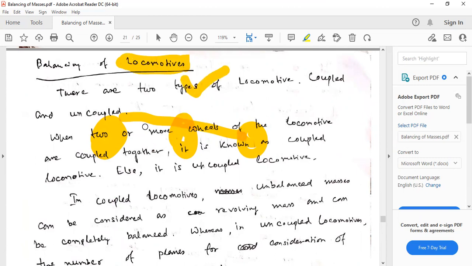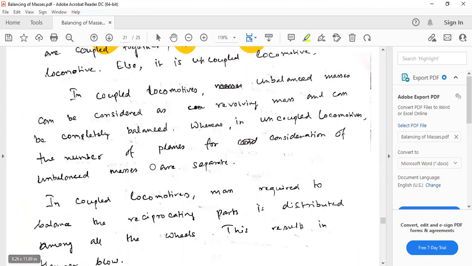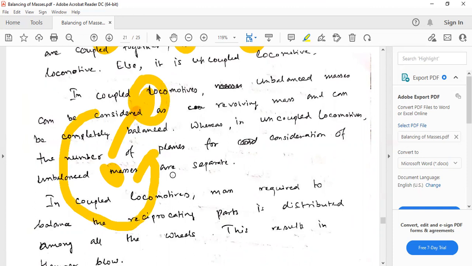There are two types of locomotive, coupled and uncoupled. Please read about this. In coupled locomotives, unbalanced masses can be considered as revolving mass and can be completely balanced. That means whatever unbalanced mass is there, we consider it as revolving mass about some point.